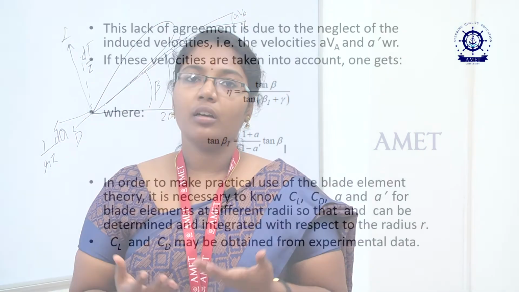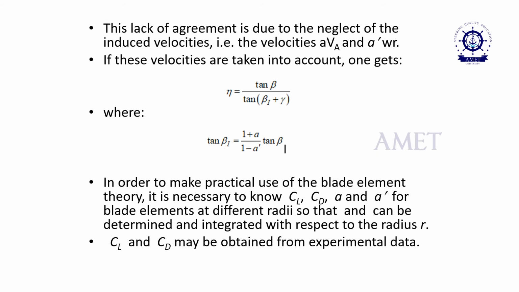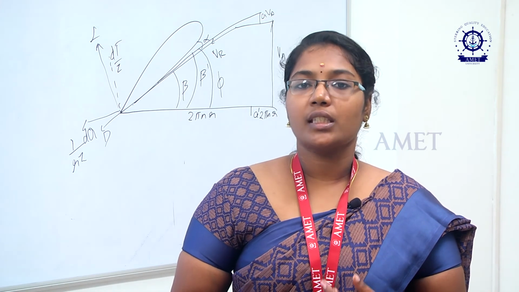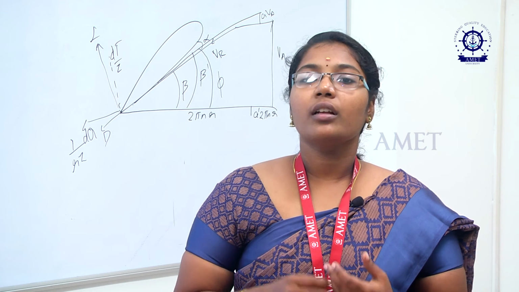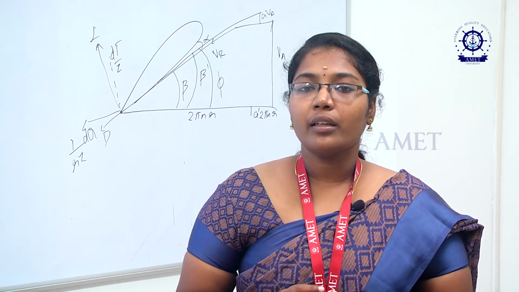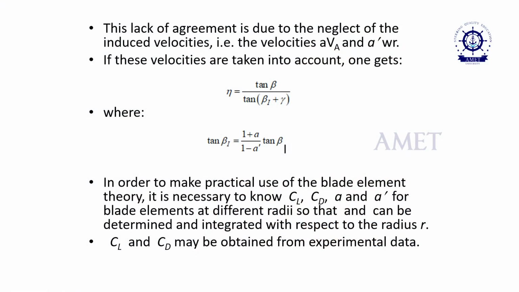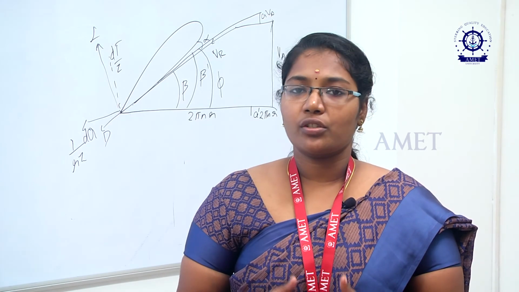The ultimate aim of the theory is its practical use. When we need to apply the blade element theory practically, we have to know our CL, which is the lift coefficient, our CD, which is the drag coefficient, and A, which is the incremental value due to the propeller action in the axial flow, and A dash, which is a decremental value to the tangential force.